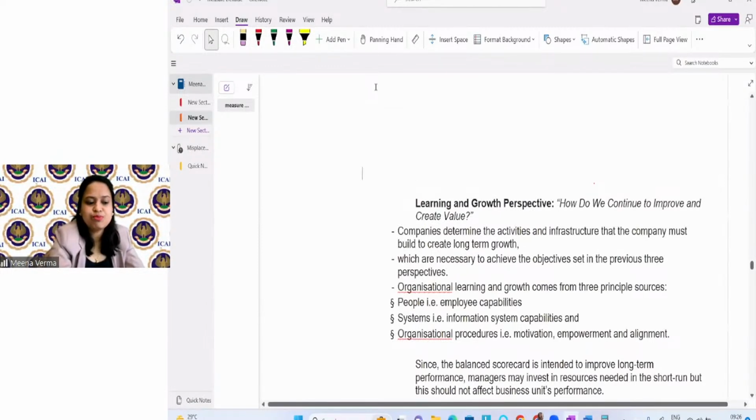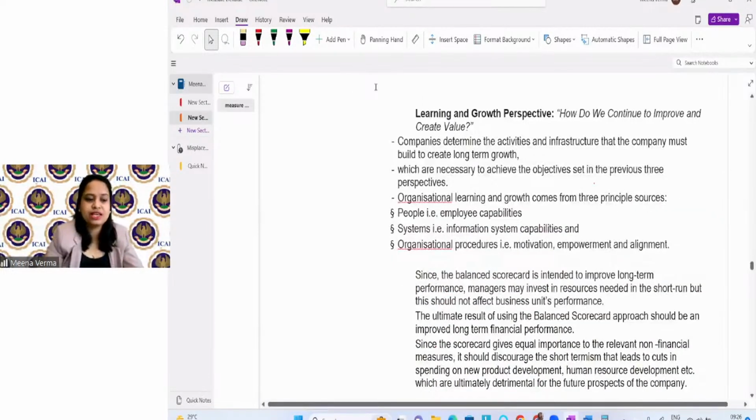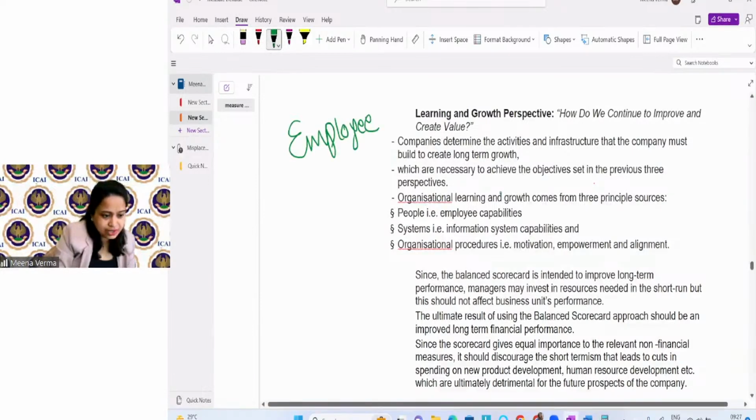Once your process is improved, then it is possible to expect something from the employee, because 85% of errors and defects arise because of the process. Improve the process first. Once the process improves, the employee will improve too. So now this is about the employee. Employee means learning and growth of the employee.